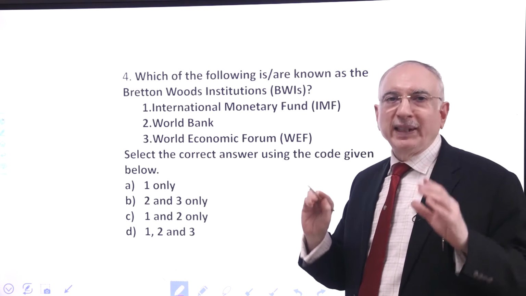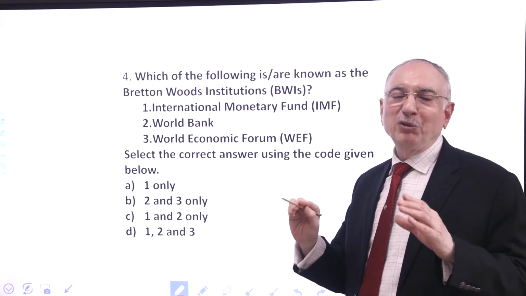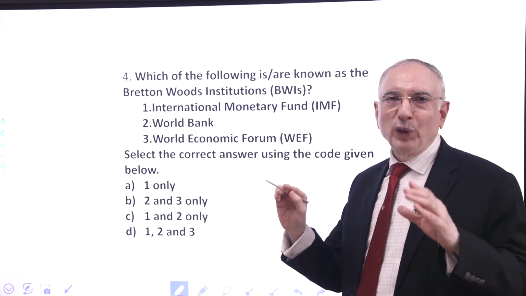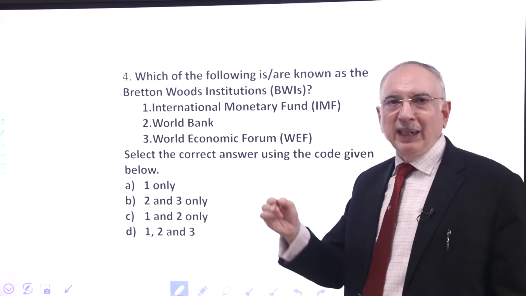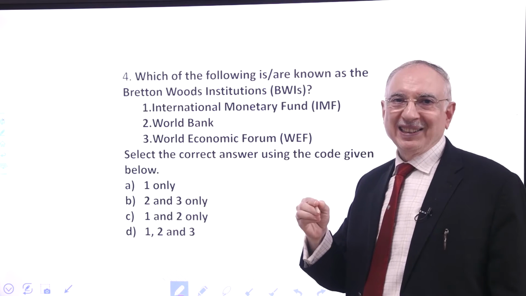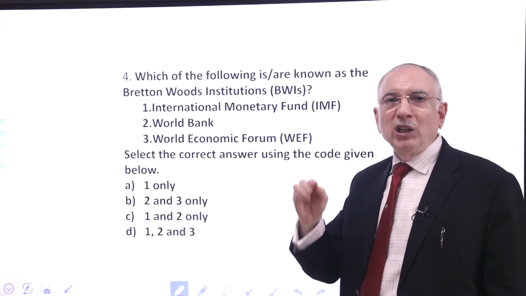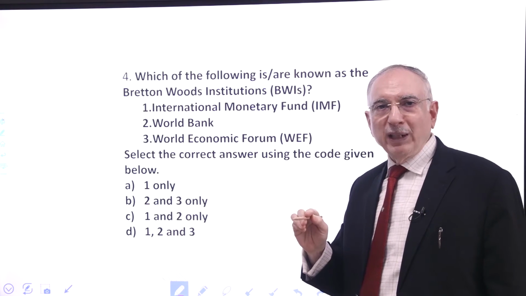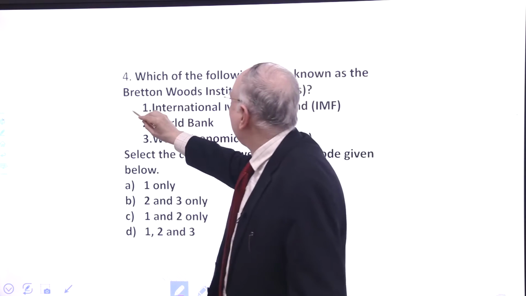In 1944, 44 countries met at Bretton Woods, which is in the USA, after World War II. The purpose was to rebuild the world and have cooperation among the countries. Around that time, the two main institutions came into being: the International Monetary Fund and the World Bank.